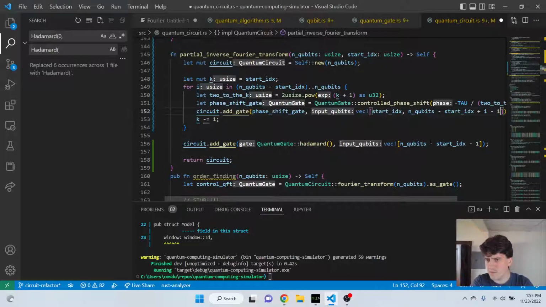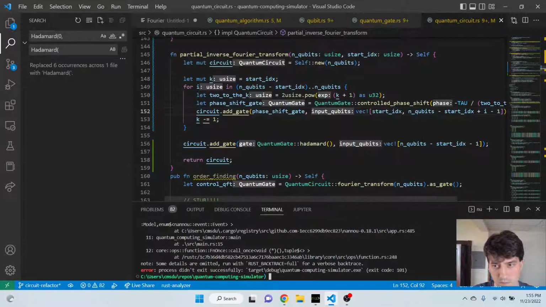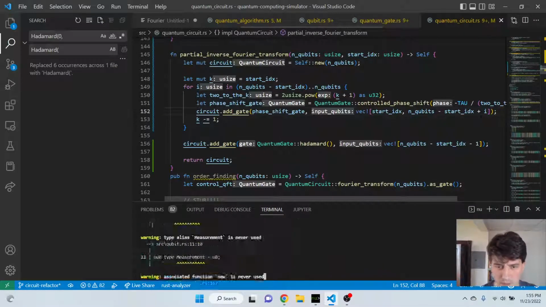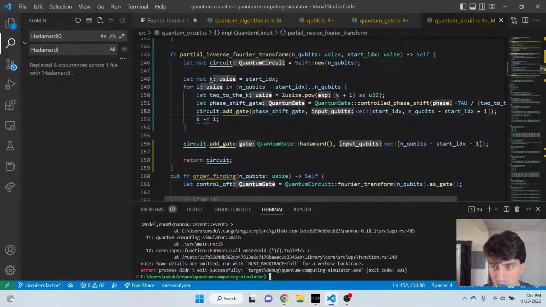So we need to do -1 here. Maybe. Nope. Again, I'm just going to try a couple of these in case of the off by 1 error. It's not so bad.